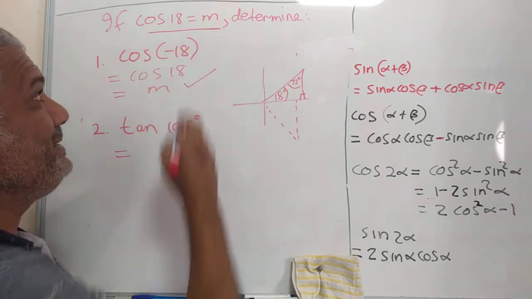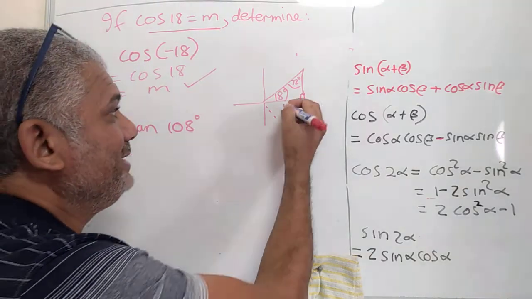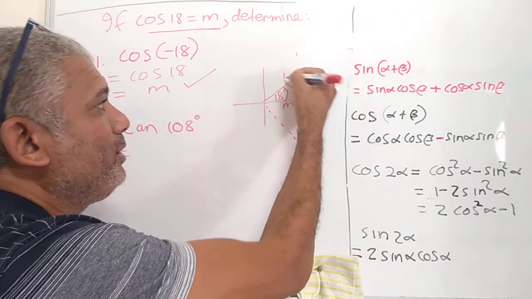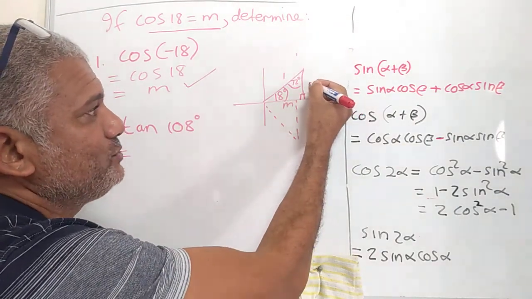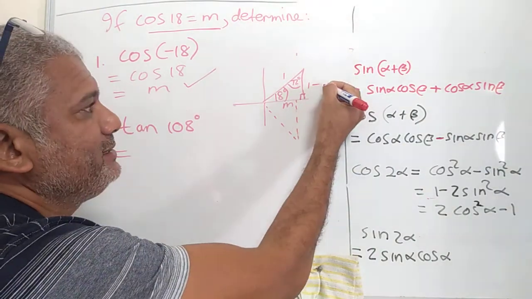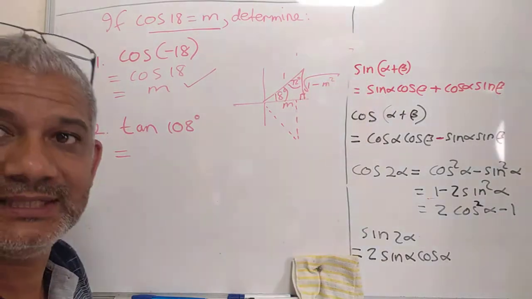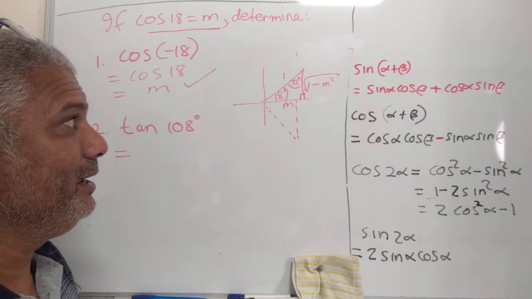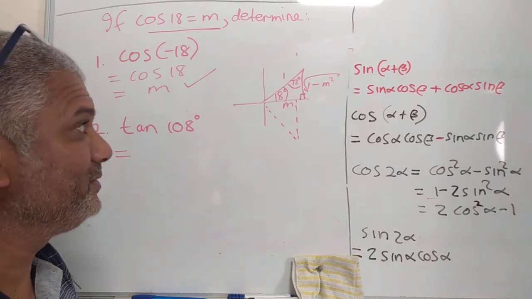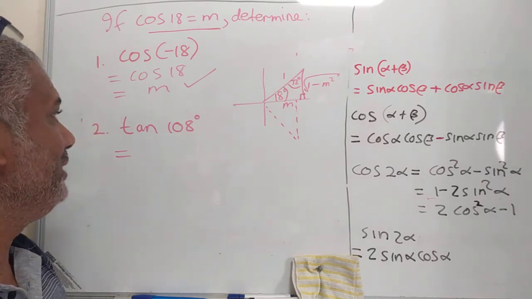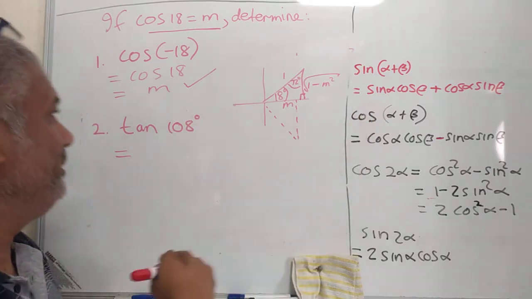So cos 18 is m, adjacent over hypotenuse, and therefore this side is the square root of 1 minus m squared. All right, so it's quite an intricate value that we have over there, or term would be a better word.